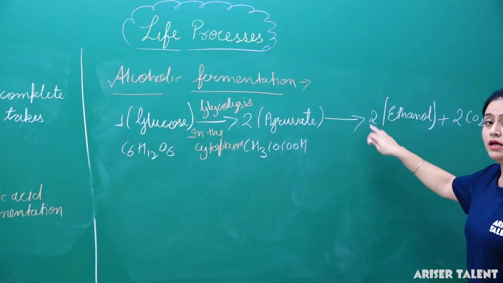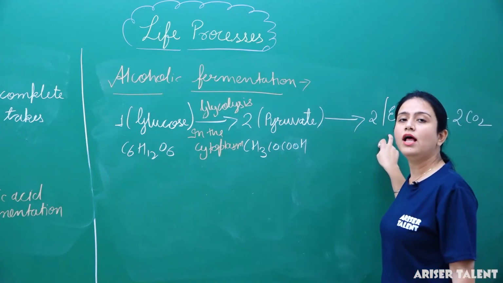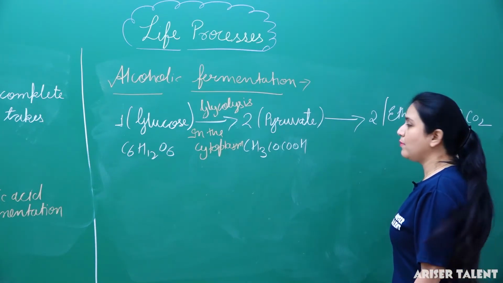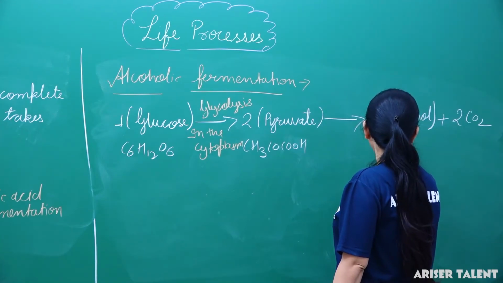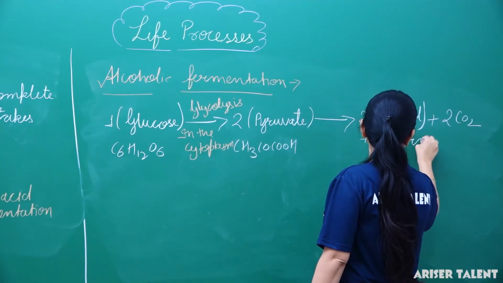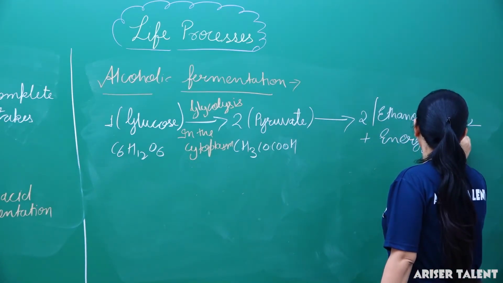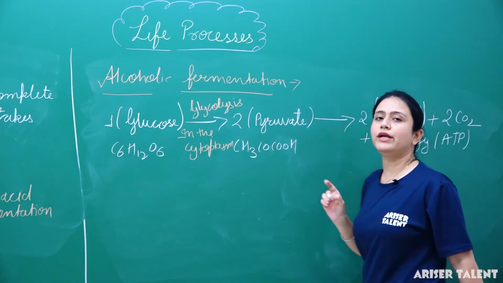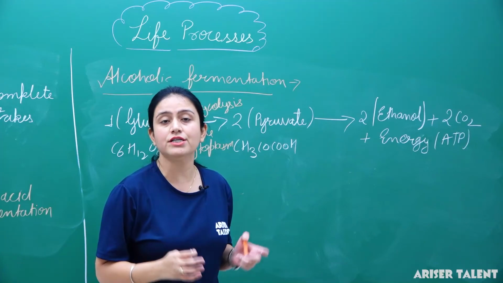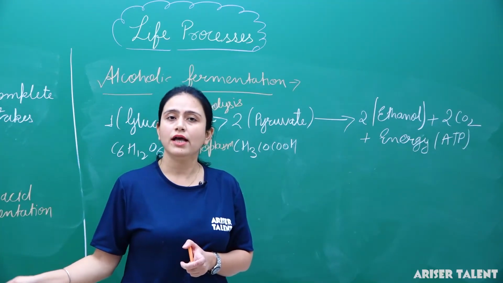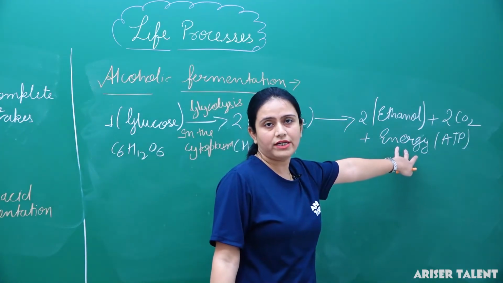So it forms 2 molecules of ethanol, and it releases carbon dioxide, water and energy in the form of ATP. But the point to be noted here is, in anaerobic respiration, a lesser amount of energy is released compared to aerobic respiration.